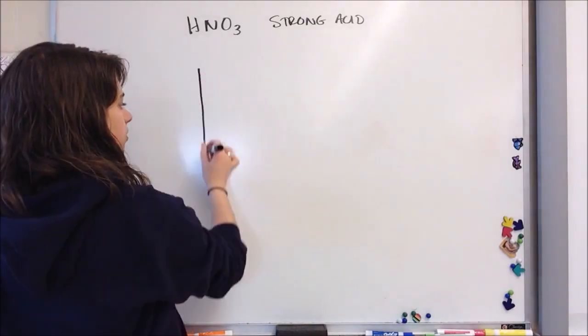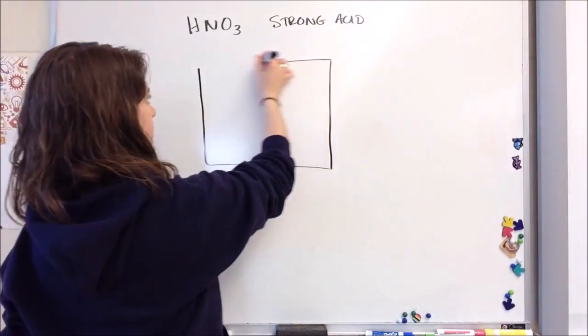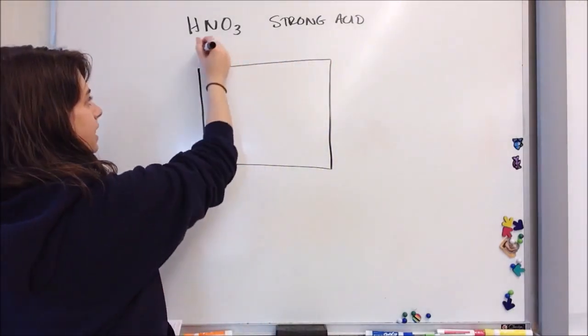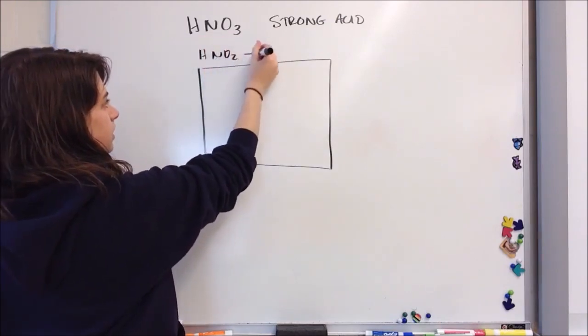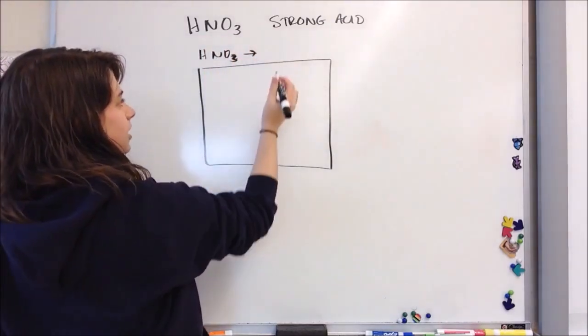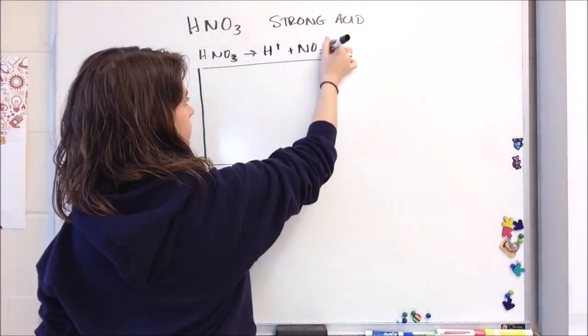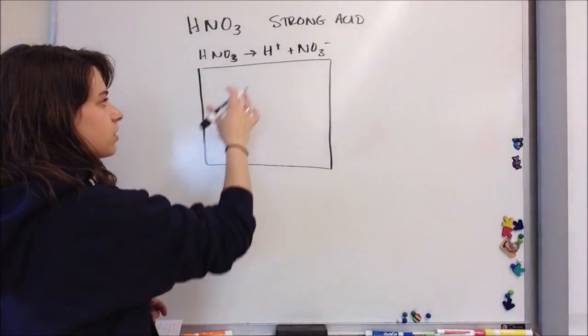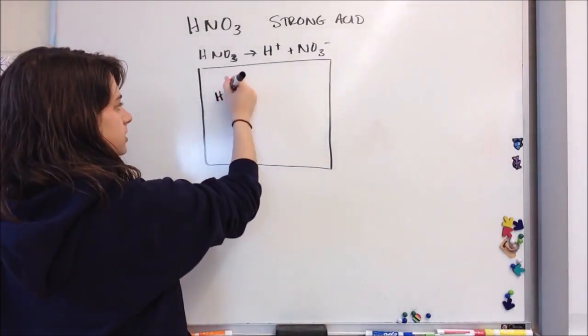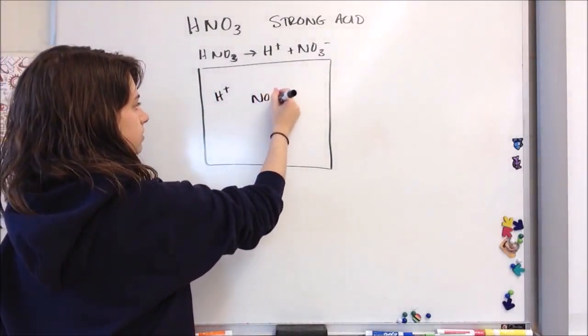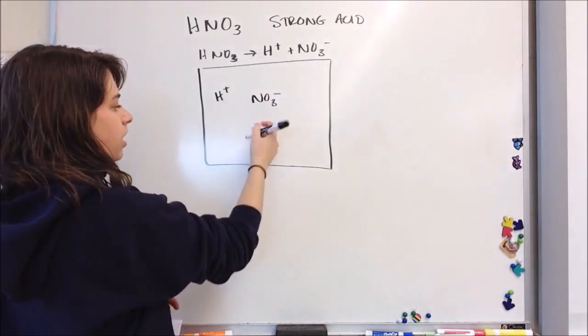So when I'm drawing a particle diagram for this, if I have my box, the HNO3 is going to completely break apart into its H plus ion and its NO3 minus. So in solution, I'm going to see H pluses and NO3 minuses, and they're going to be in a 1-to-1 ratio.